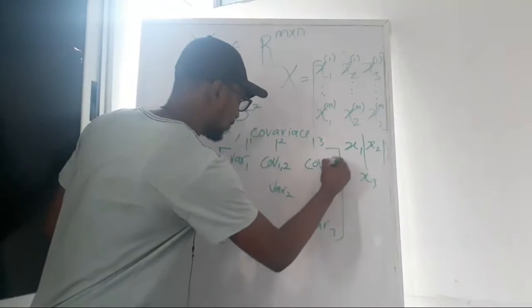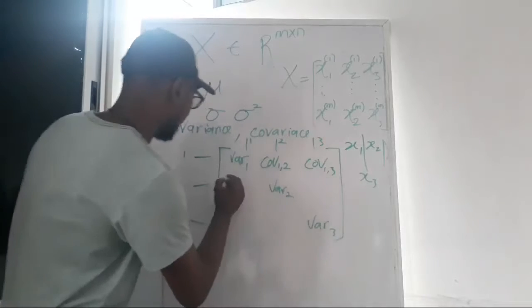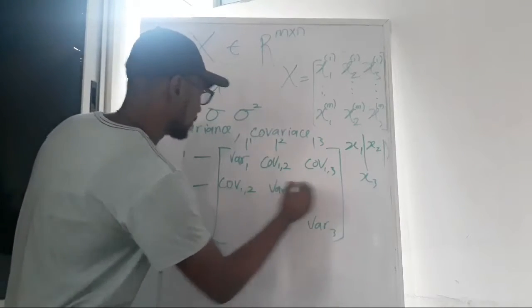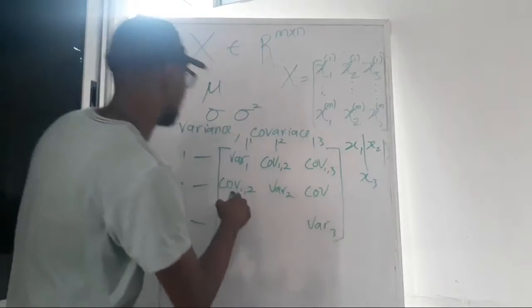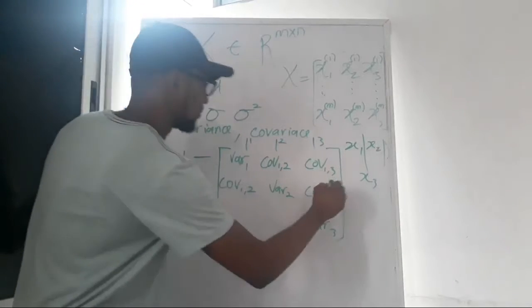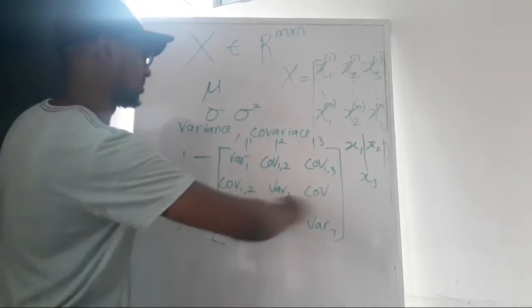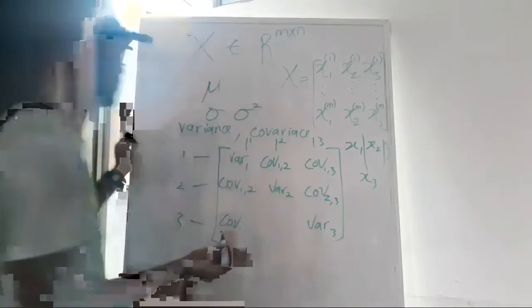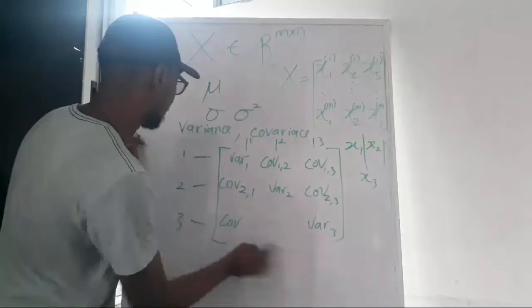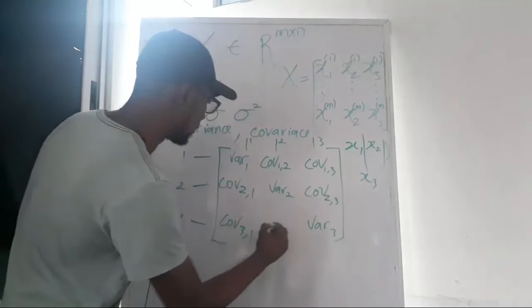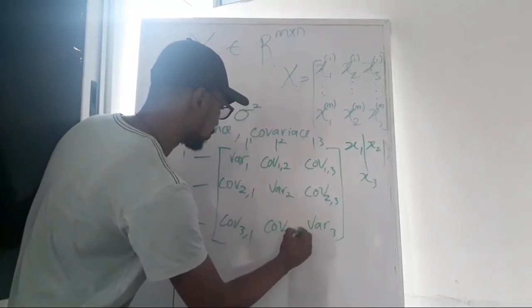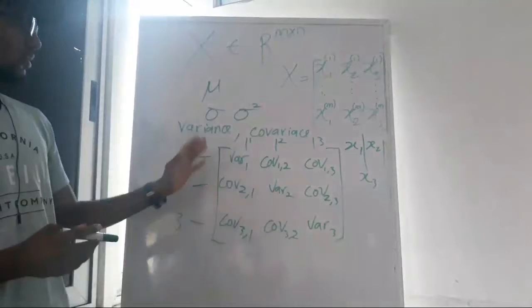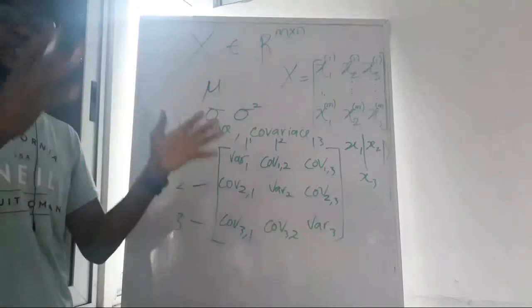Here you have covariance 1, 3, covariance 2, 3. This is 2, 1. This is 3, 1. This is covariance 3, 2. This is the covariance matrix.